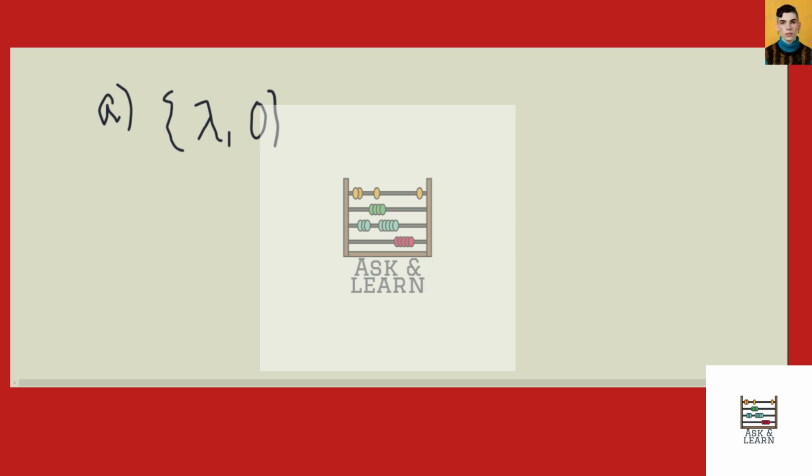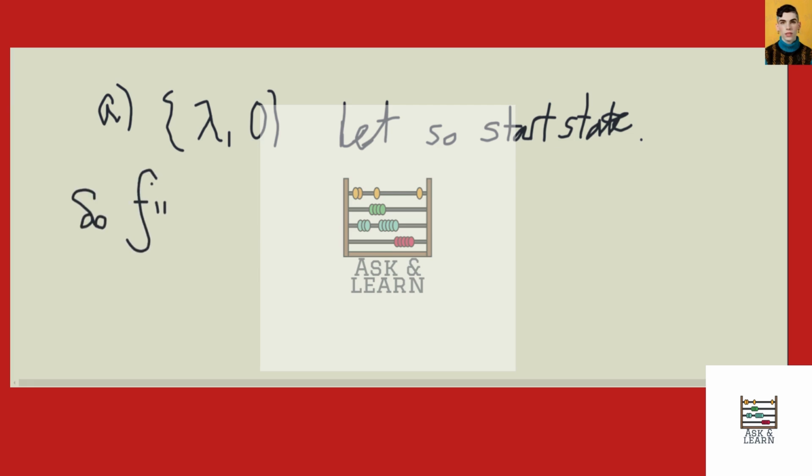Let S0 be the start state. Then the machine should accept the empty string lambda, so S0 should be a final state. If the input is a 0, then we'll move on to another final state, since 0 should be accepted.